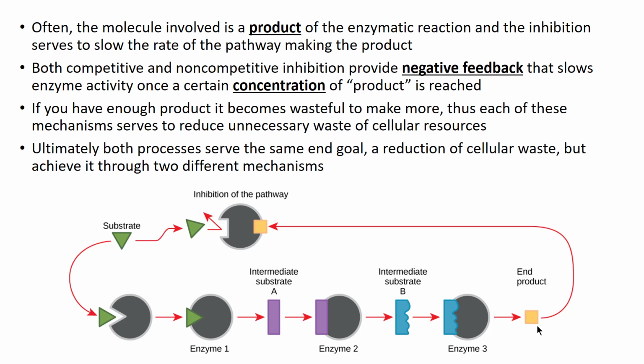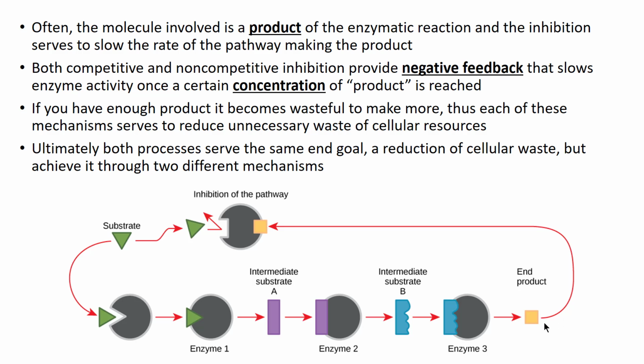So your cells now have a mechanism for that product itself to effectively turn off the very pathway that makes that product. And this is where the exact mechanism is either competitive or non-competitive. Ultimately, it achieves the same goal. The cell has a couple different ways of doing that, but these are examples of negative feedback. The feedback of the end product negatively down-regulates the very process that creates it.